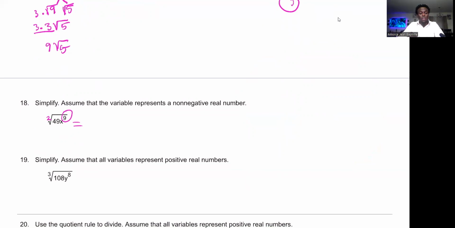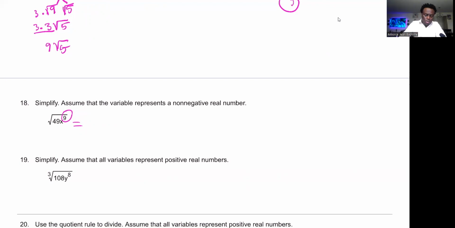That means I need to think of two things. First, my answer will include a radical, because whenever the exponent is not a multiple of the index, your answer will always include a radical part in it.